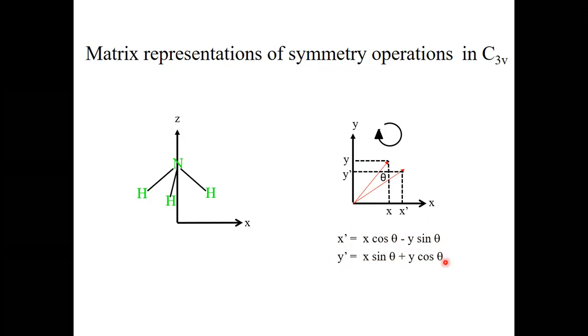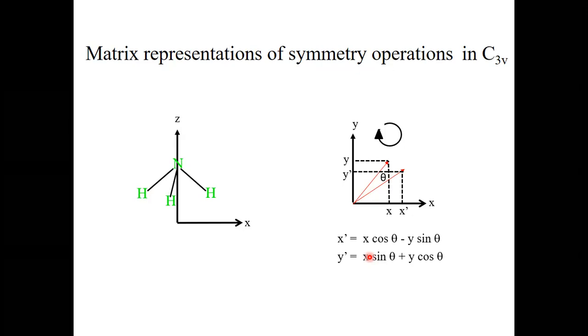Also from these formulas, you see that x and y are now dependent on each other because x prime will not only depend on x, but also on y, and y prime, the new coordinate y, will not only depend on y, but also depend on x. Okay, so now, how could we describe the C3 symmetry operation, or more generally, a rotation of the general angle theta, using a matrix?